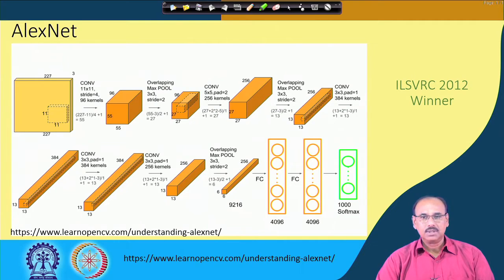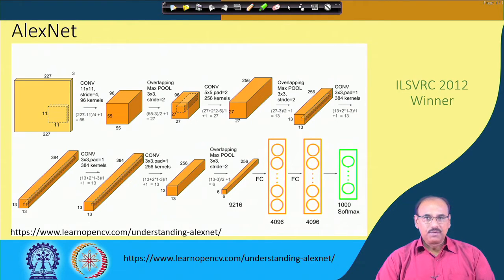As there are 1000 different categories of images, we have 1000 different nodes in the output layer, and this output layer is actually a softmax layer. The input to the AlexNet is an RGB image, so it has three different channels: the red channel, green channel and blue channel.